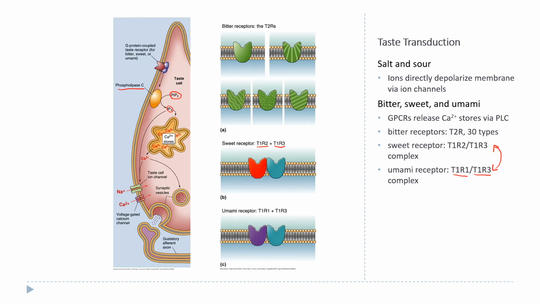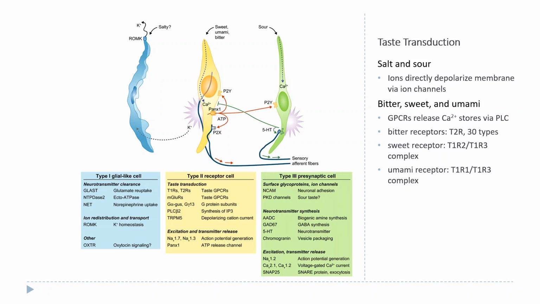Each receptor cell typically only expresses one type of receptor protein, but sometimes you can have cells that express more than one. Now, I said that taste is one of the simpler sensory systems because there are only 5 sensations, but it turns out it gets a little more complicated than that, because there are actually at least 3 kinds of taste receptor cells that have different combinations of receptor proteins, and which type of taste they detect again depends on the combination of receptor proteins they express.